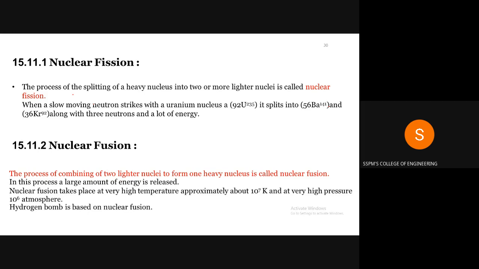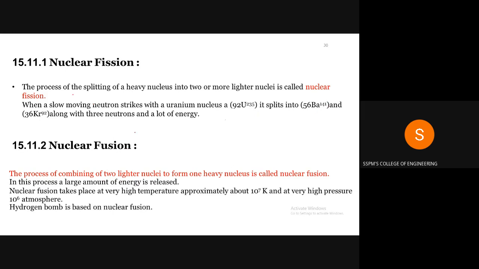There are 4 different radioactive series: uranium series, neptunium series, plutonium series, and one more series that is not there for the study, although I'm telling. So as per that, when a slow-moving neutron strikes the uranium nucleus, it undergoes the fission process.